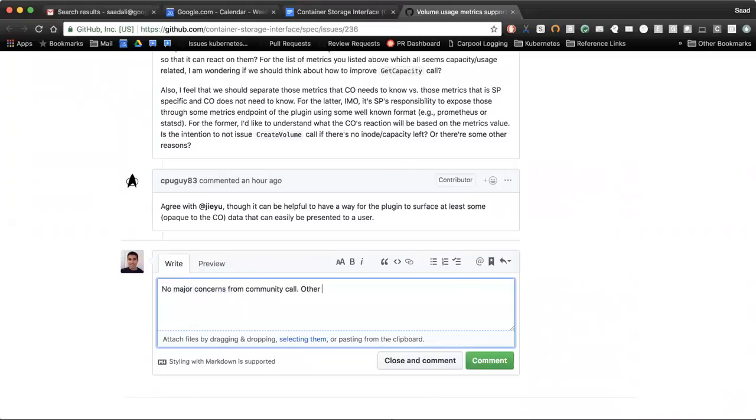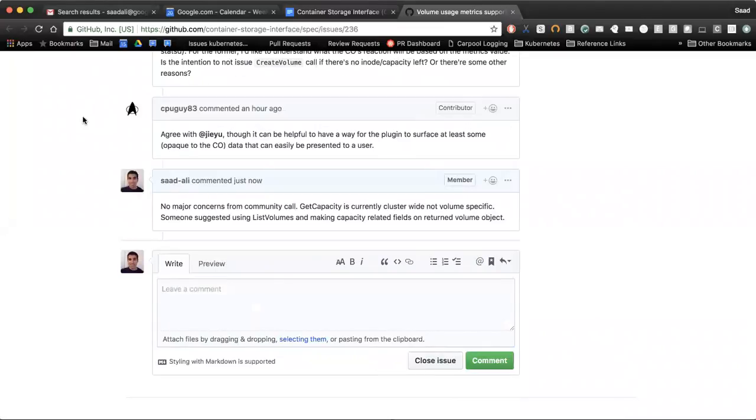Get capacity is a cluster-wide thing. Okay, I don't think that one's very controversial. Once there's a concrete proposal, we can come back to that.